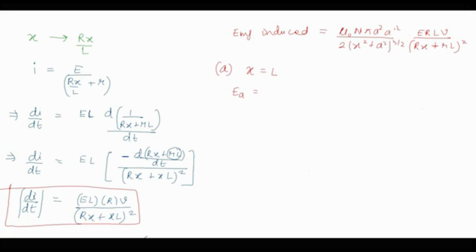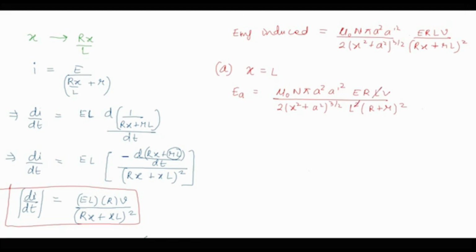So it will become mu naught n pi a square a dash square ERLV upon twice of (x square plus a square) to the power 3 by 2. And if we put L over here, we can take L square common, R plus R whole square, and we can remove this L from here.